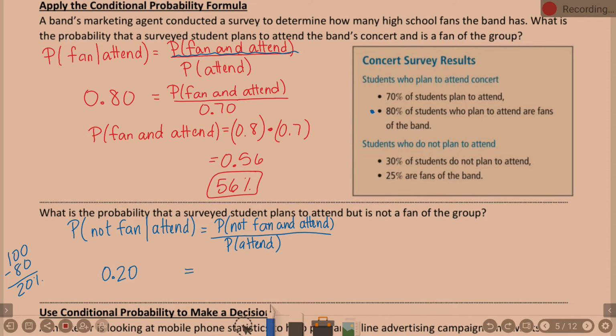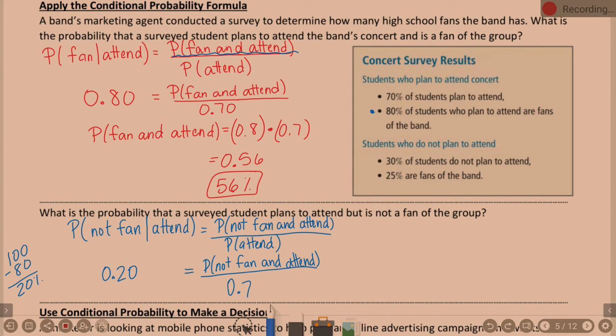Again, like last time, we're trying to find that top piece. Probability that they are not a fan and attending, divided by probability that a student is attending. That's stated right there as 70%, which is going to be the 0.7.